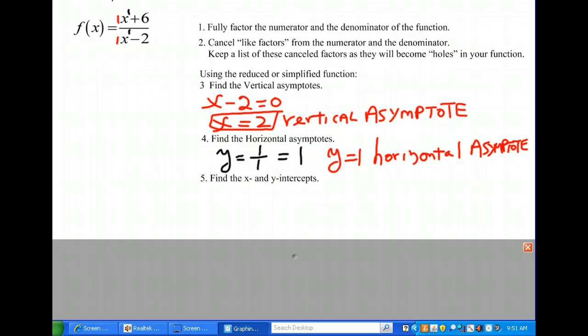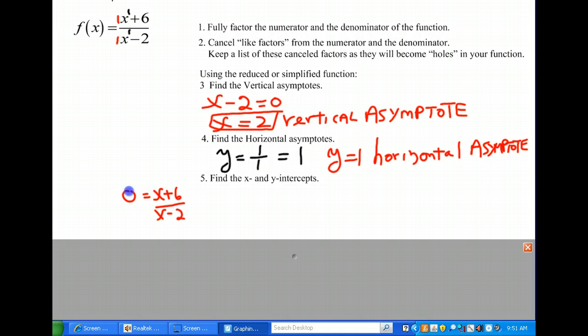Our next step is to find the x and y intercepts. So let's start with the x-intercept. In order to find the x-intercept, that's when y is equal to 0. So we simply say 0 is equal to x plus 6 over x minus 2.